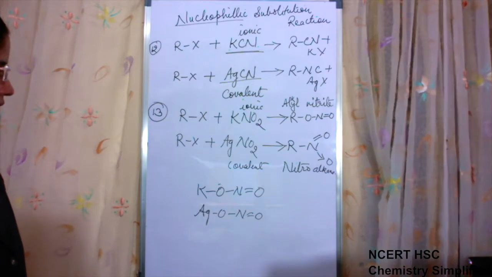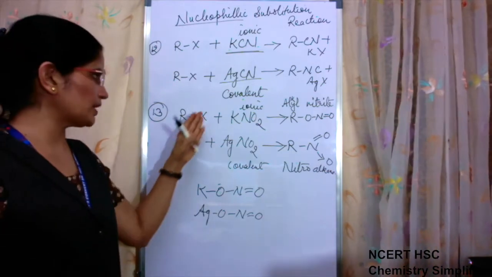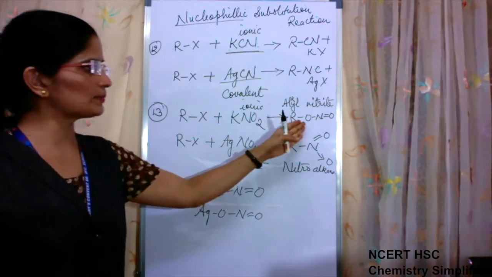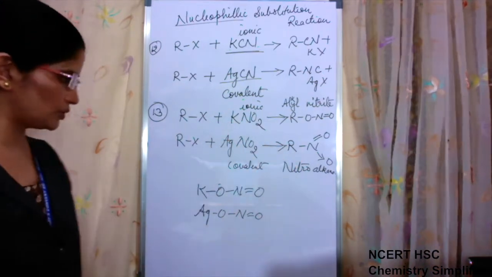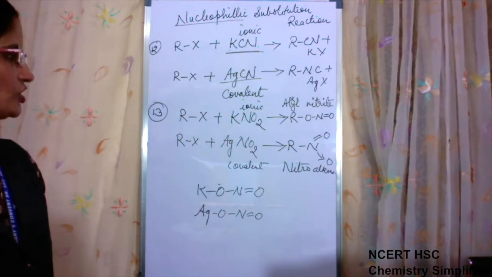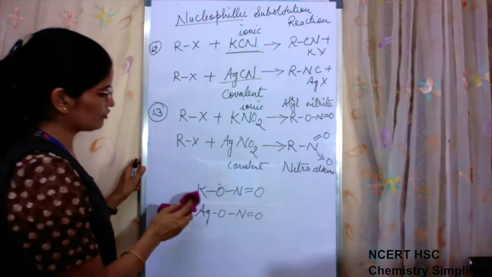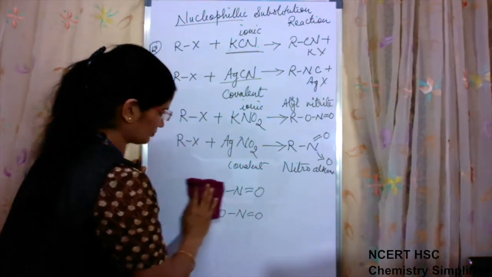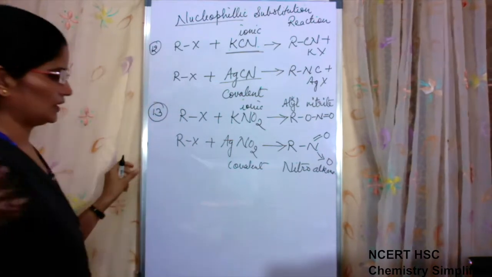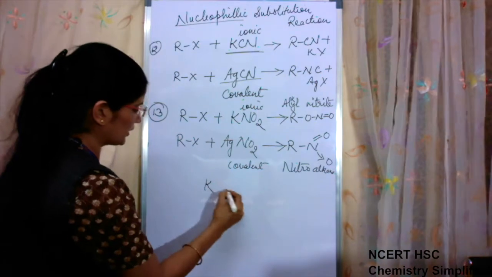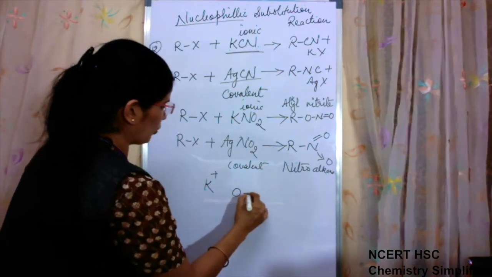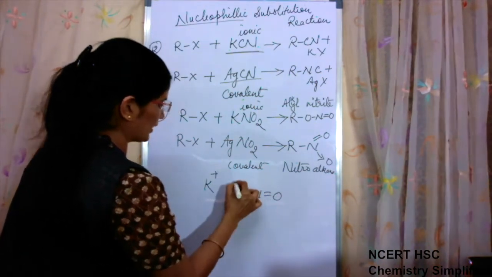Okay, so what you have to remember in these two reactions is what is the product when KNO2 is used, and what is the product when AgNO2 is used. Now a little explanation of why the products formed are like this. KNO2 is an ionic compound. Again I have to write K positive, O and double bond O negative.